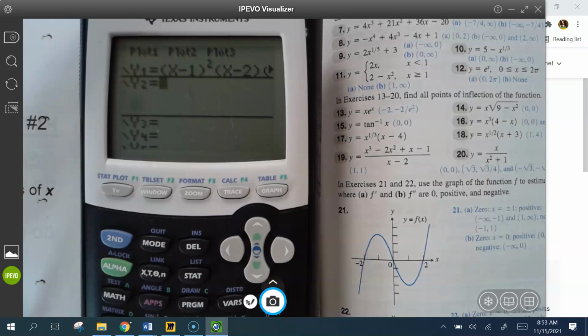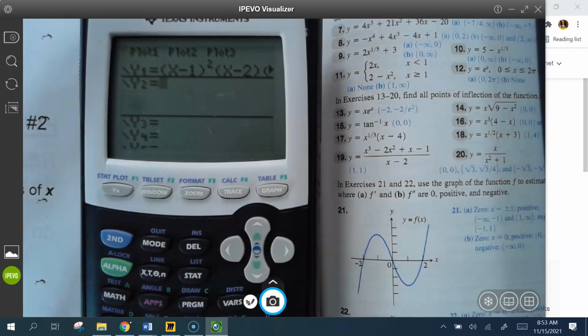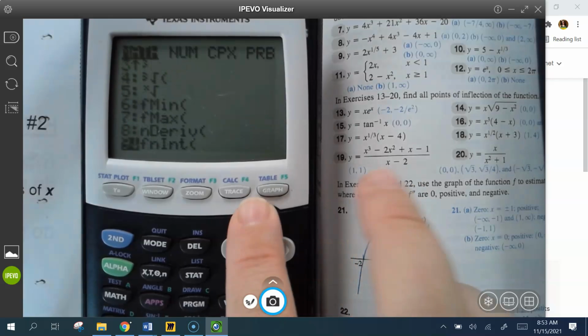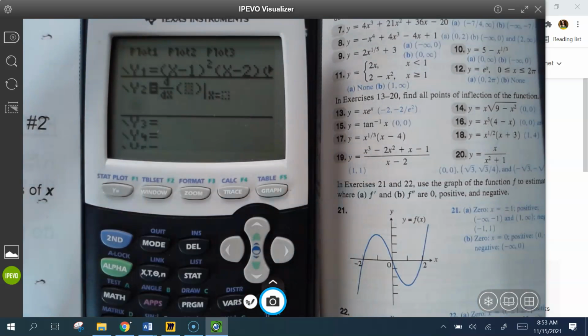All right, I'm going to show you on both of these, depending on which calculator you have. If you have this calculator, I'm going into Y equals, the X, and here is where I'm going to call up Y1.